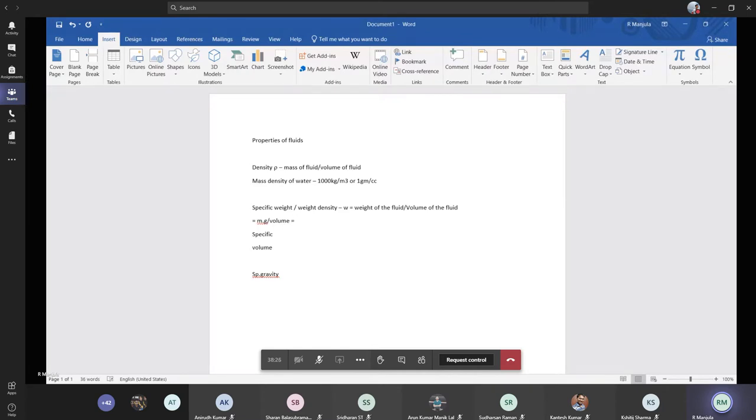But what is m by volume? M by volume is nothing but rho. So w is also rho g. So that is the relation between your weight density and mass density.